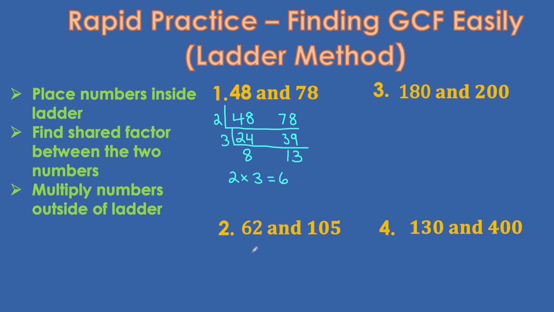Find the GCF between 62 and 105. First, write the numbers down. 62, 105. Draw our ladder sign. Think of a common factor between 62 and 105, which seems to be 1.